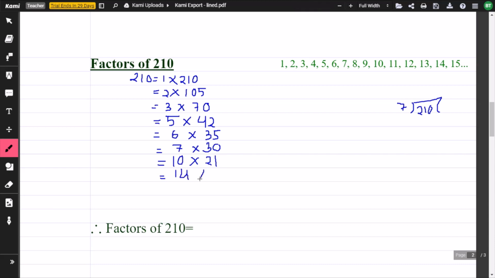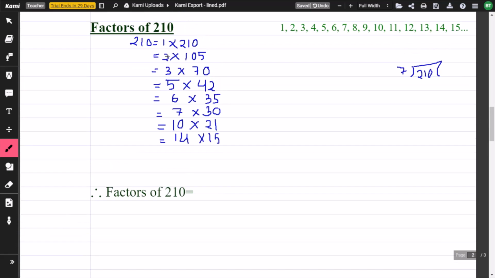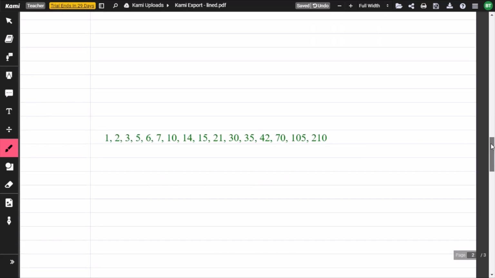So 14 times 15 gives 210. After 14, the next number is 15, but 15 has already come here, which means we got all the factors of 210. So these are the factors of 210. You can see it has many factors.